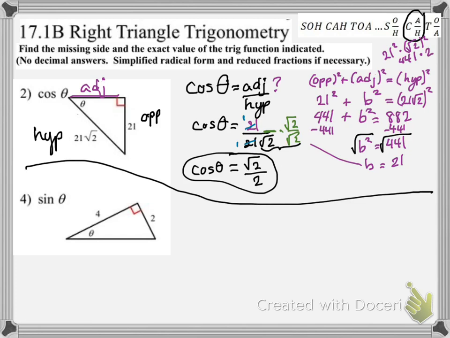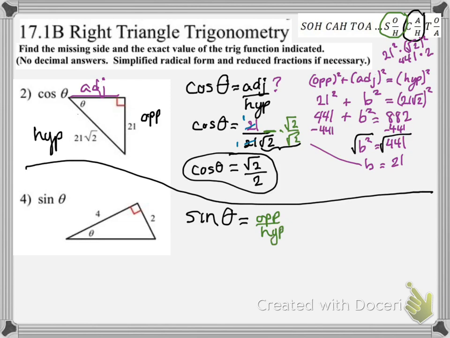Number 4 asks us to find sine theta. Sine theta, and we know that sine is opposite over hypotenuse. So in this case, I'm dealing with the opposite over the hypotenuse.